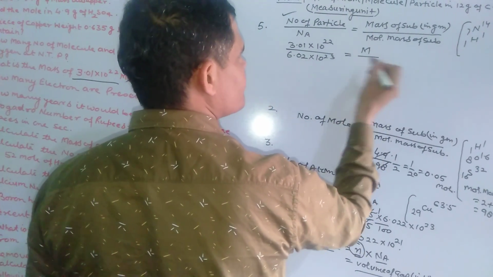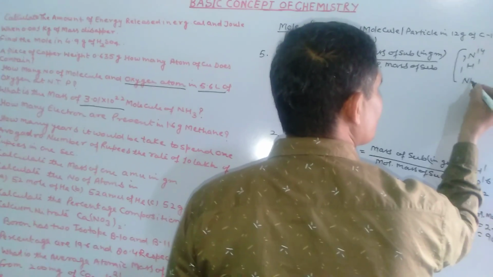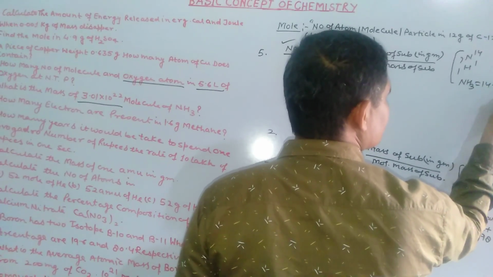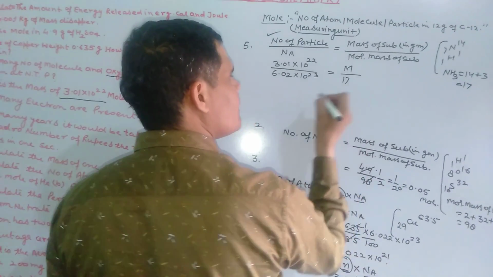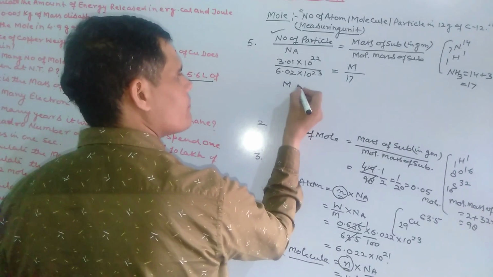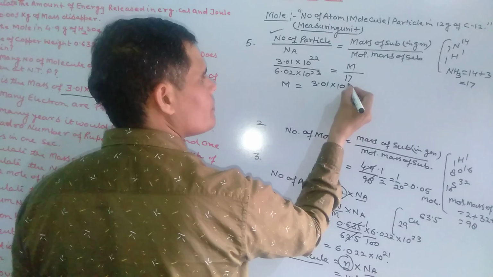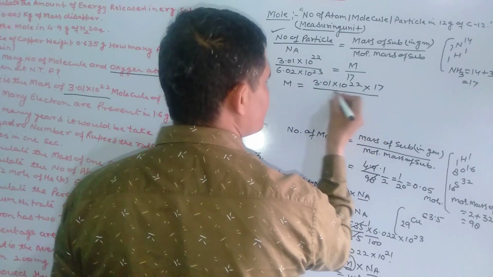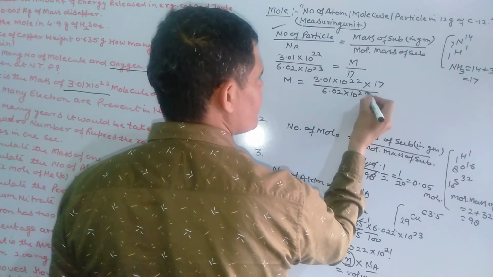Molecular mass of ammonia will be 14 plus 3 hydrogen, equal to 17, and the value of M will be equal to 3.01 into 10 to the power 22 into 17 upon 6.02 into 10 to the power 23.